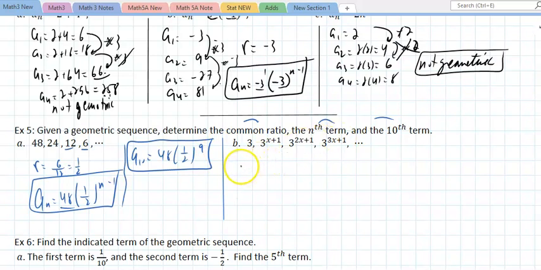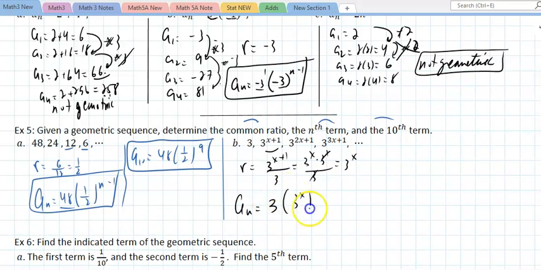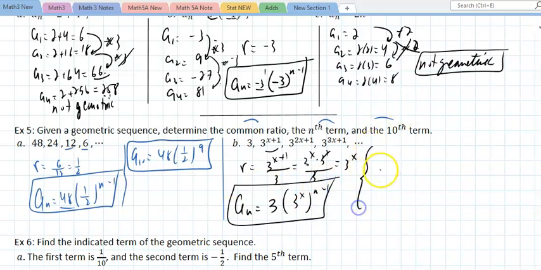Here, this is geometric. R equals any term divided by the previous. The general term is a sub 1 times r raised to the n minus 1. And the 10th term.